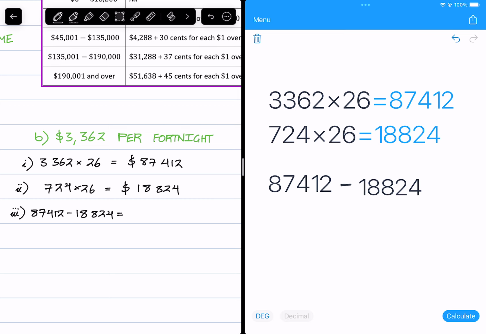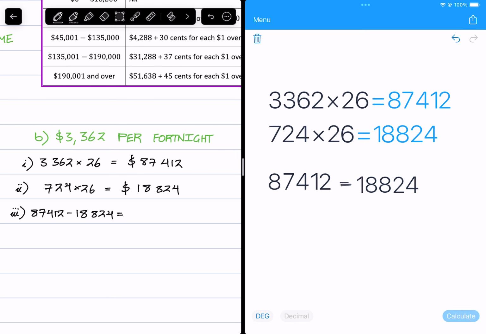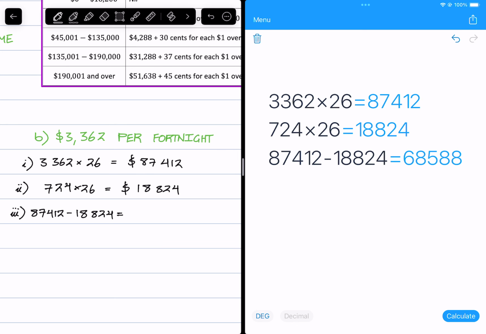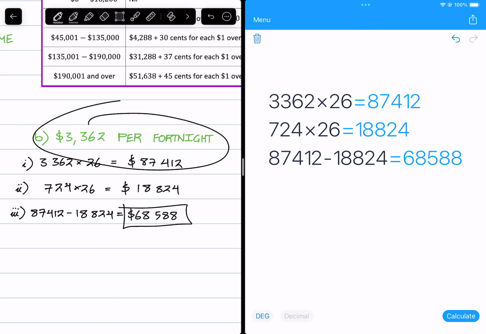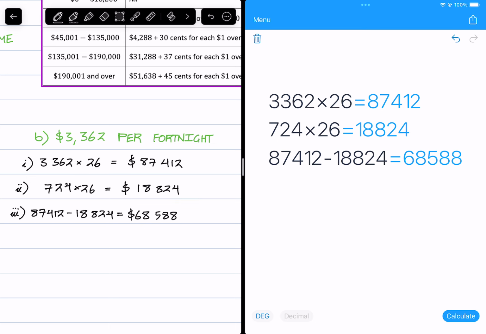So the gross income minus tax paid, this is $68,588. So now remember, this amount is what has landed into this person's bank account. So this has happened already throughout the year.